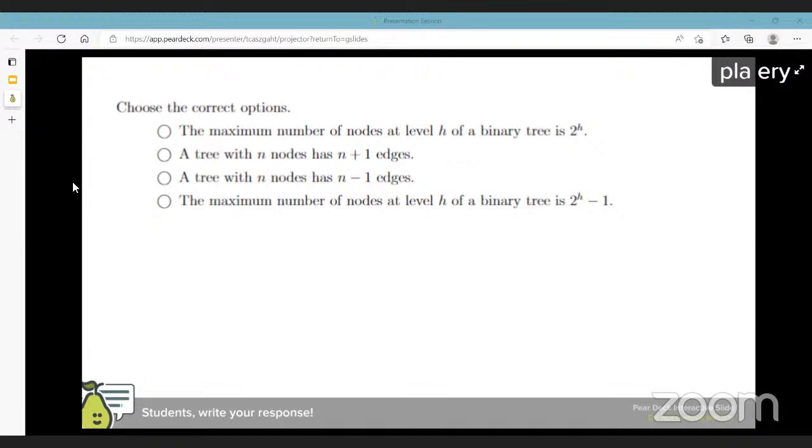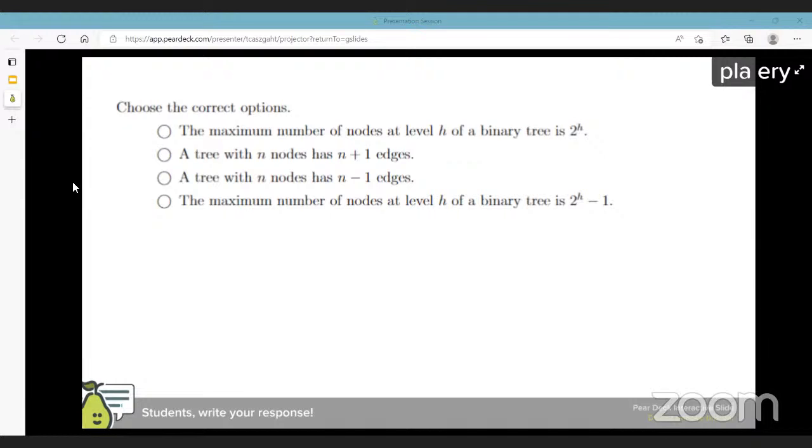So in this whole binary tree there are 3, 4, 5, 6 nodes, and edges will be 5. So the second option is wrong, and the third one is right.